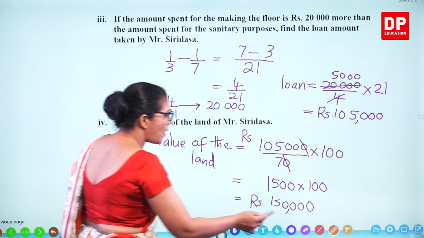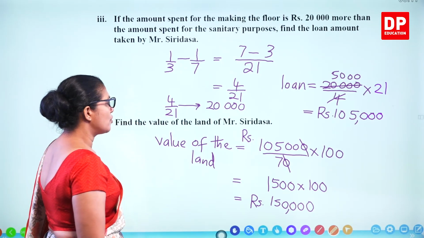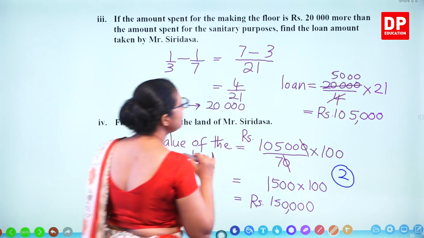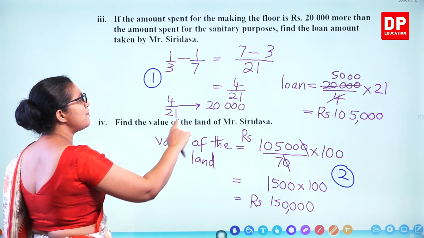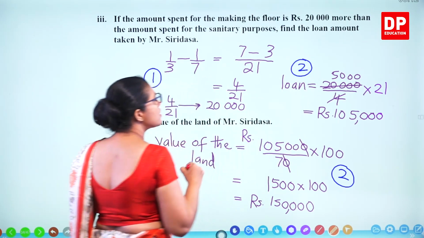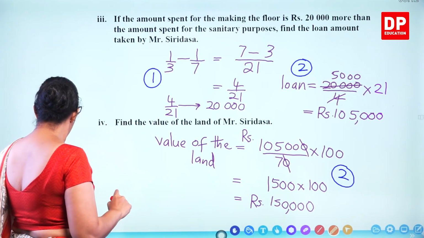So we'll give marks now. So this value you can get 2 marks. And here 1 mark to find out the difference and 2 marks to find out the loan. So 3, 5.